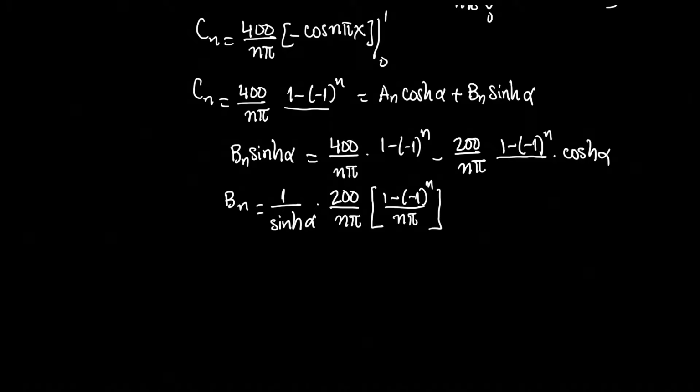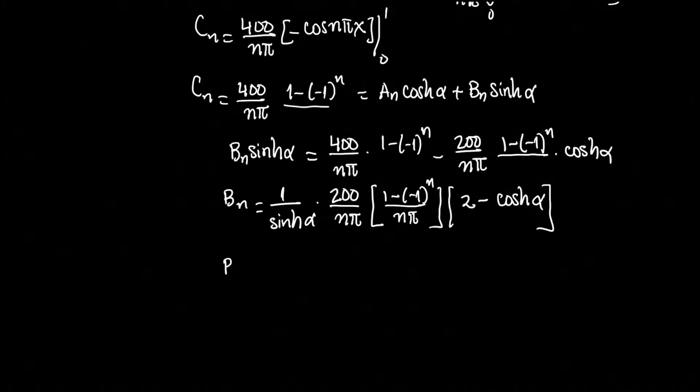Then I'm left with 2 minus hyperbolic cos of alpha.